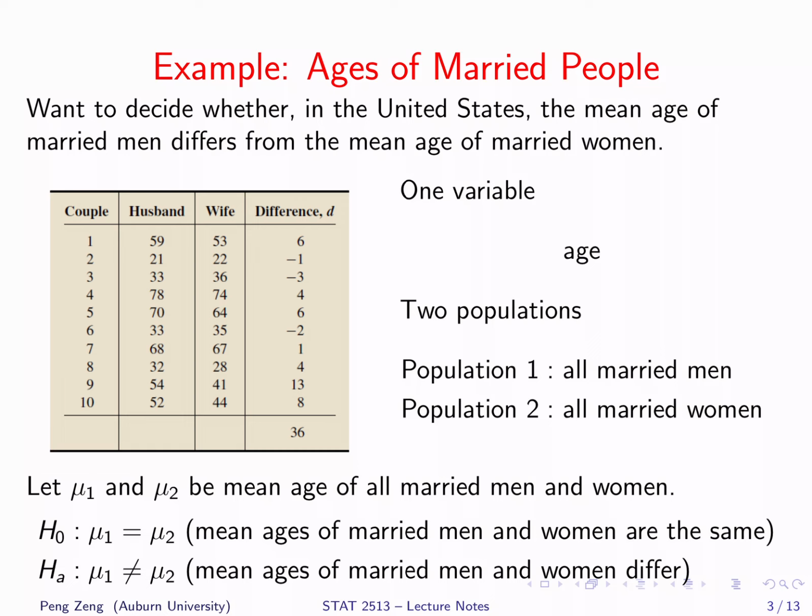For each couple, we can calculate the difference of ages. Now, if we want to know whether there is any difference for means, it is enough to know whether the difference is 0 or not. Next, we can apply the one mean t-test procedure to the mean of the differences.